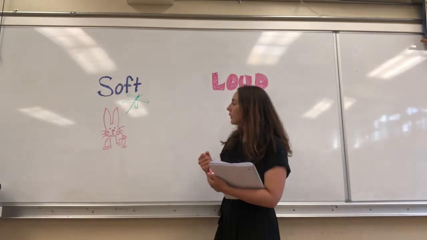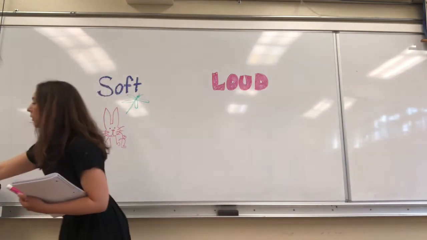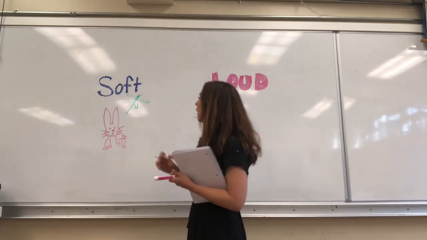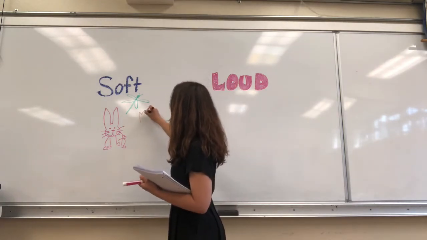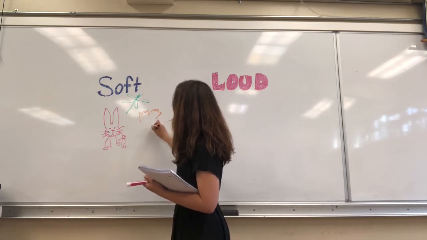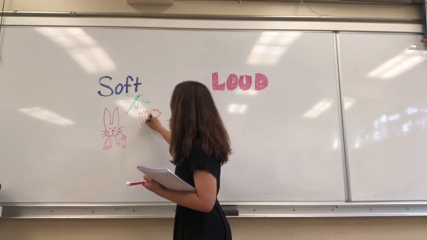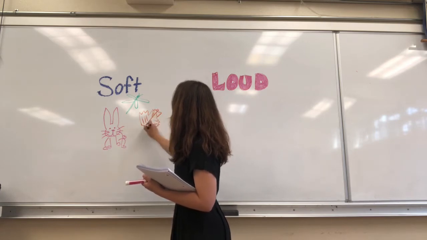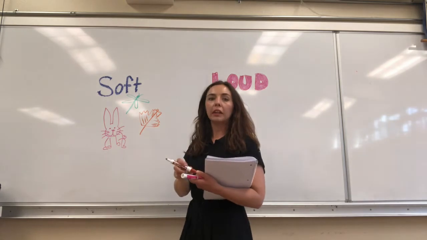Some other things that could be very soft are, like in the fall time, falling leaves, and I'm making this one brown because in the fall we have our falling brown leaves.